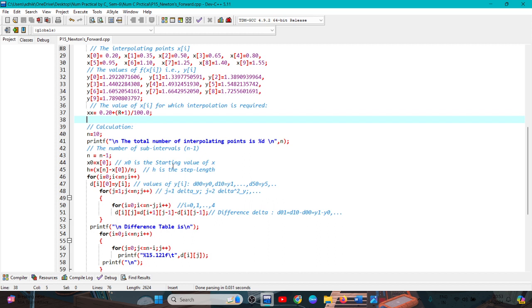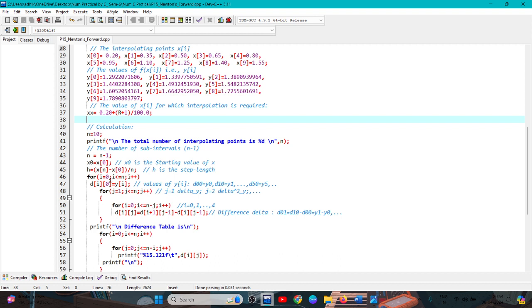Actually it is n plus 1 points, that is 9 plus 1, for Newton's forward interpolation formula here. This x0 is the starting value of x, and h equals xn minus x0 by n. That is x9 minus x0 by 9, the equal step length, the equispaced step length.